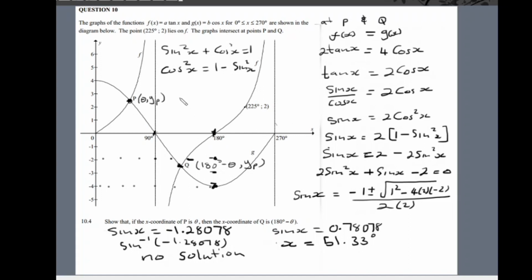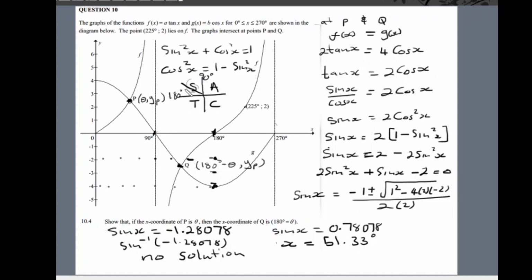So from our CAST diagram, you'll see in the first quadrant all the trigonometric ratios are positive. In the second quadrant only sine is positive, here only tan, here only cos, right? And in the second quadrant, our angle theta will be between 90 degrees and 180 degrees.